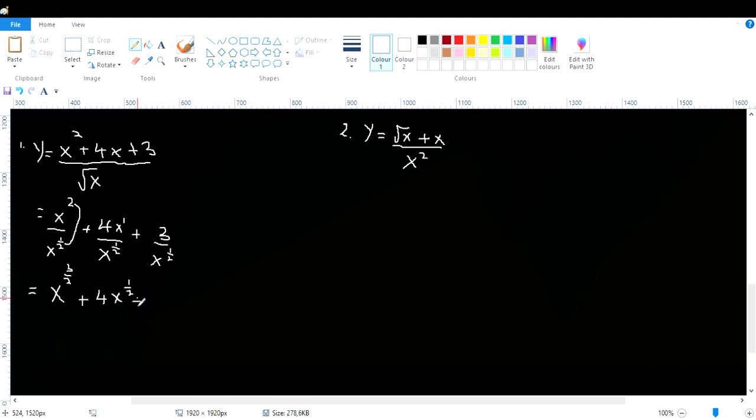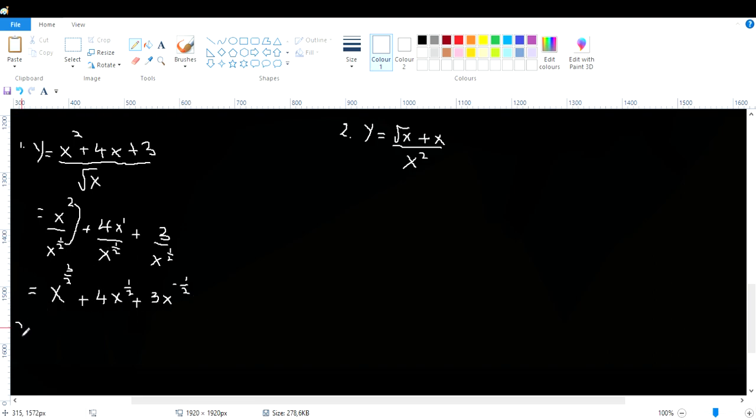Plus, here we have 3x to the power minus 1 over 2. Now we can apply the power rule.